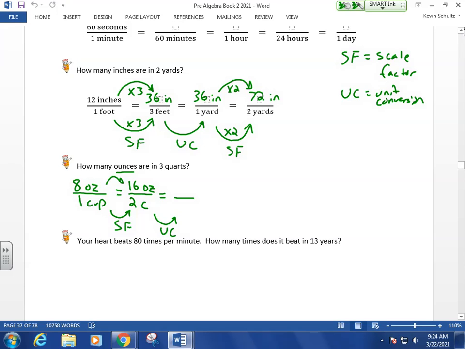As Carly said, our next unit up is a pint, which means that there are 16 ounces in 1 pint. After unit conversion comes a scale factor. What are we going up to? What do we know about pints?